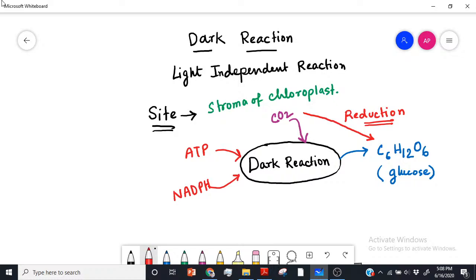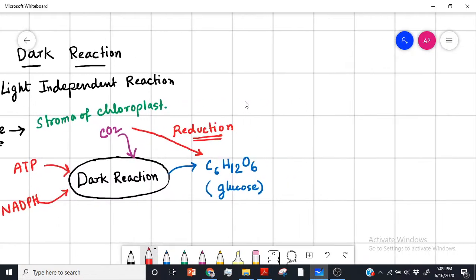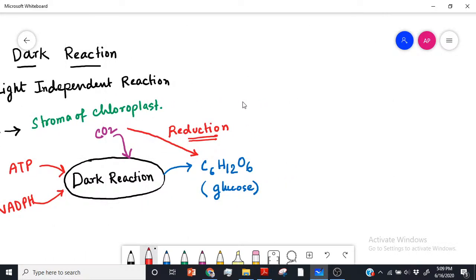In this connection I said a few things in the previous class: whenever you have an anabolic reaction, anabolism, it is mostly reduction, and catabolism is mostly oxidation, right?